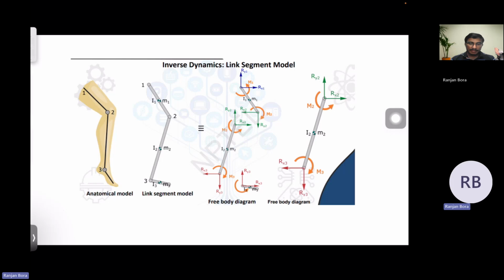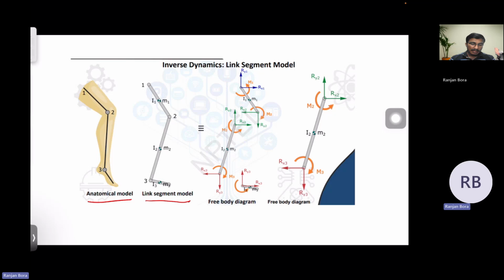So in the inverse dynamics method, we represent the anatomical model using some link segment model. So we represent this foot using one link, this link number 3 in the second figure, and we represent our tibia using this link number 2, and we represent the femur using this link number 1.